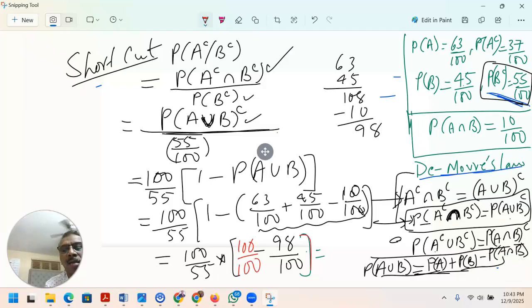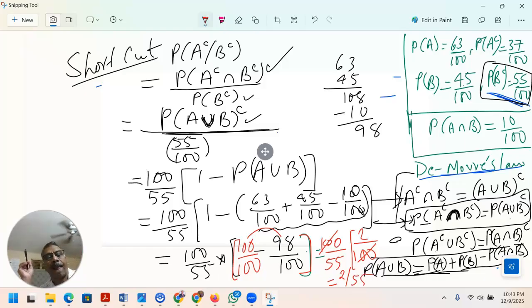In the bracket the denominator is the same, so this will be 100 divided by 55, and this will be 100 minus 98, which is 2 over 100. So 100 and 100 cross out, and you get 2 over 55, and you're done.